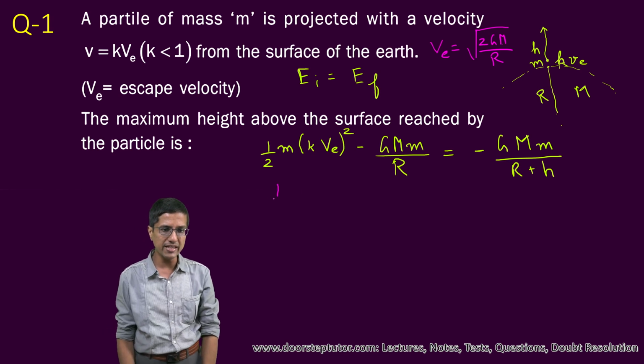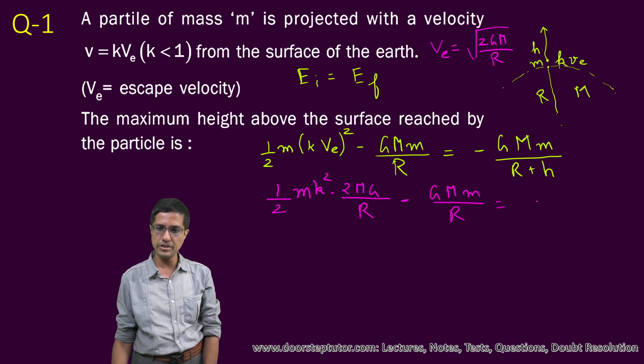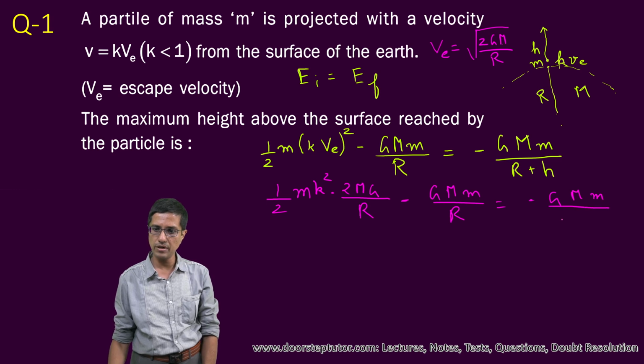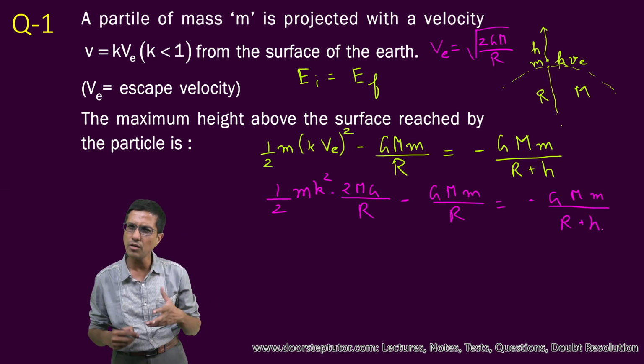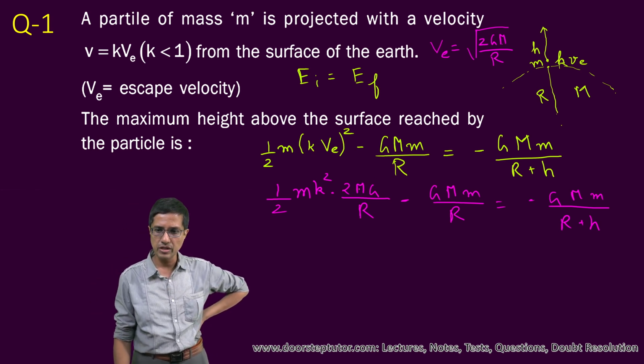So with this I can quickly write k squared V_E squared becomes simply 2GM upon r, minus GMm upon r, which is equal to minus GMm upon r plus h. Nothing complicated, very simple. We are just simplifying this expression in each step. So m is actually common, so it can go.